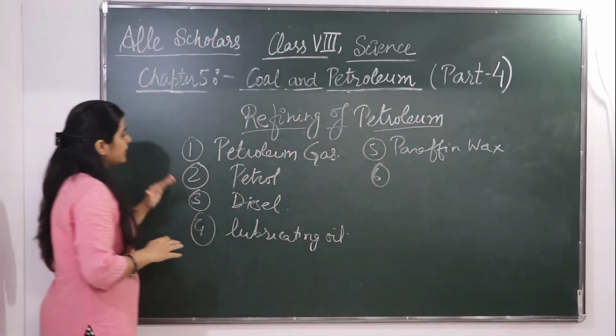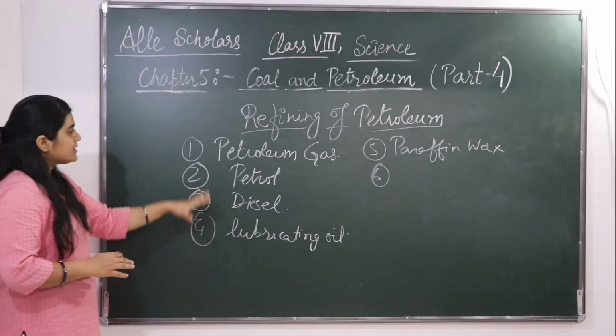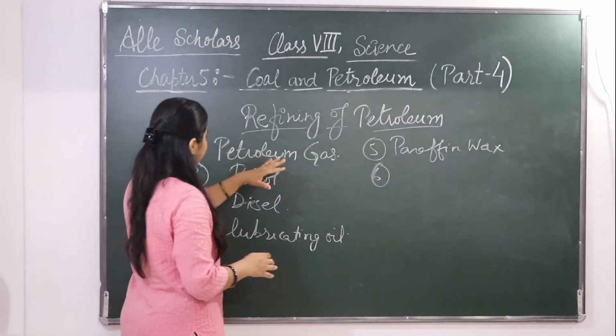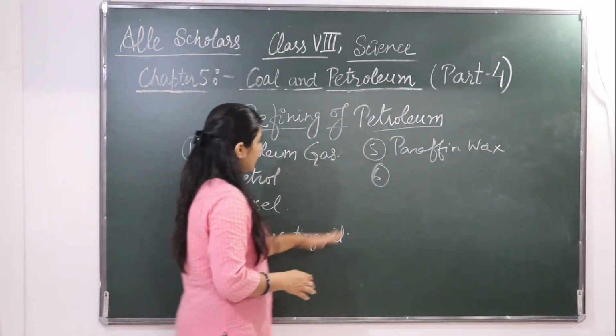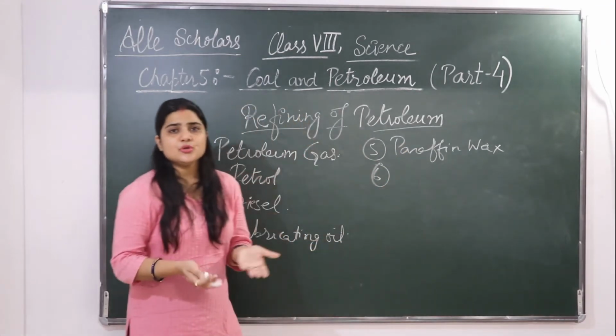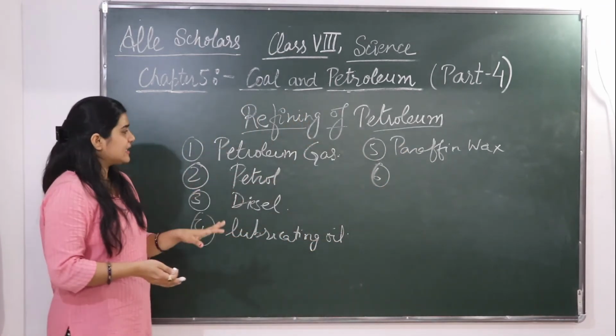So like this, there are so many constituents of which this petroleum is made. Petroleum gas, petrol, diesel, lubricating oil, paraffin wax, bitumen is there. Like this, there are so many things.